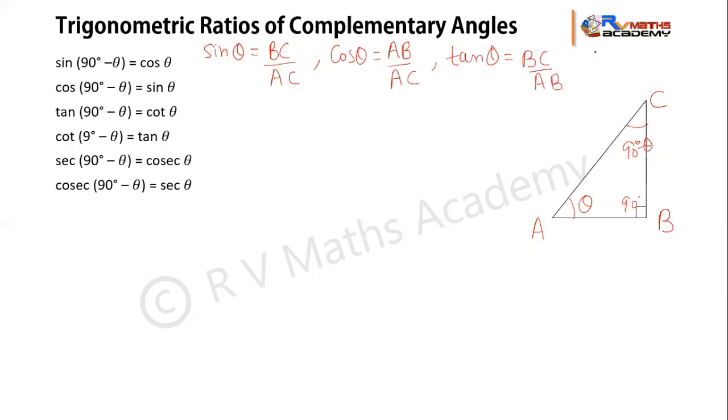Now, we can write cosec theta. Cosec theta is just reciprocal of sine, so we can write it as AC upon BC. Similarly, sec is the reciprocal of cos, so we can write it as AC upon AB.